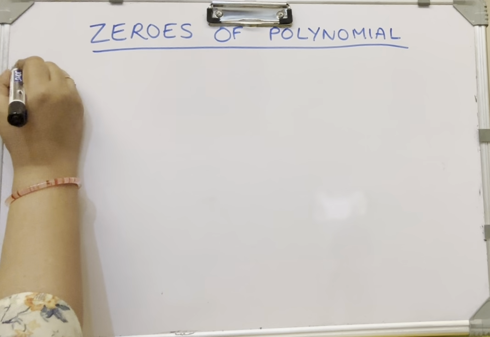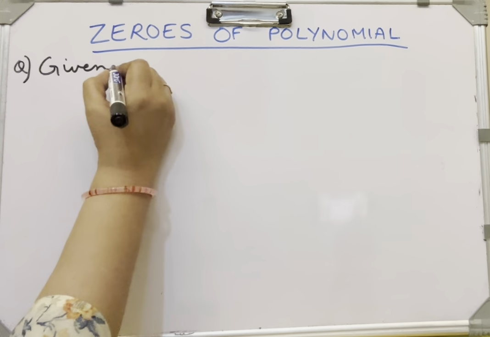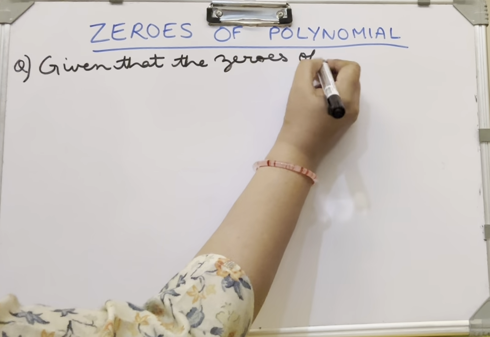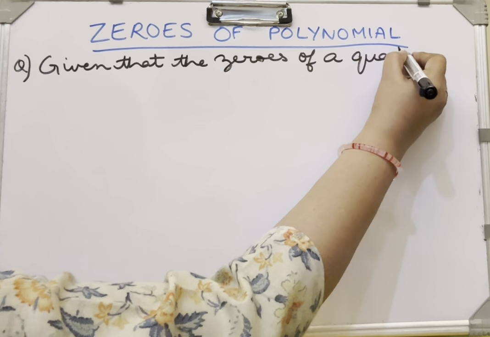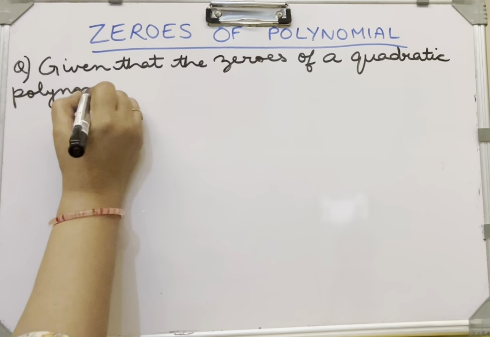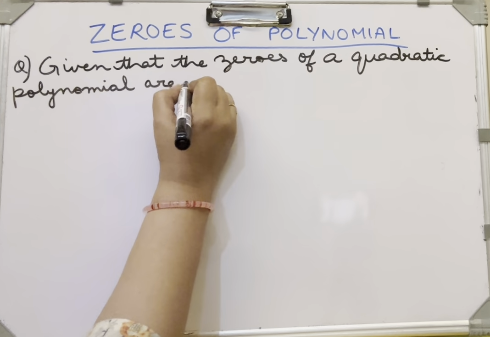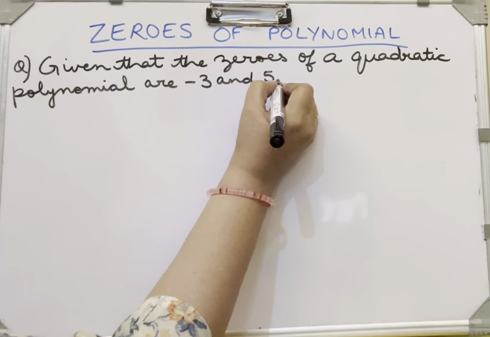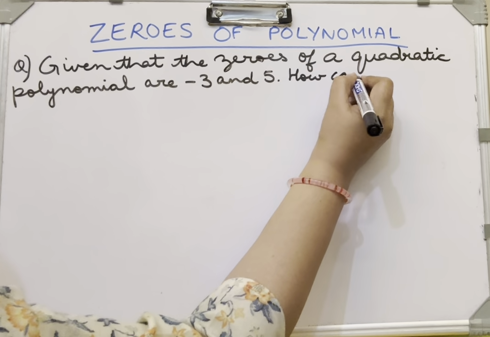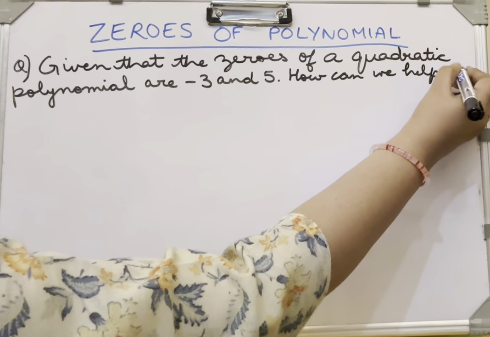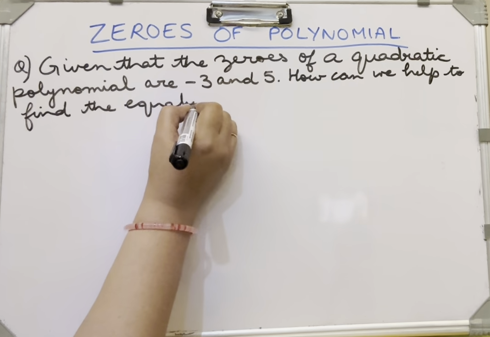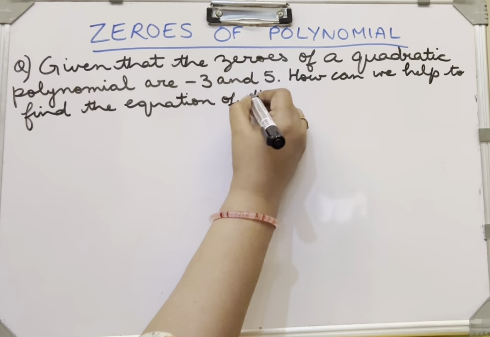So the given question is, given that the zeros of a quadratic polynomial are -3 and 5, how can we find the equation of the polynomial?